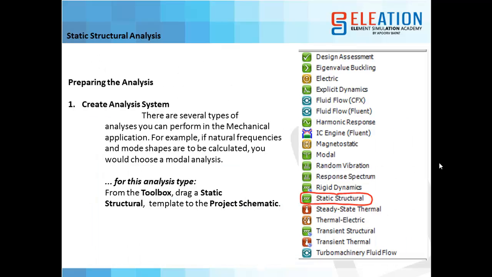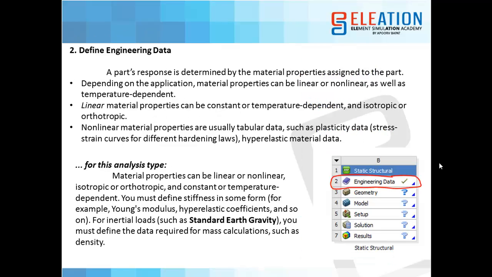So we will start with the procedure which you can follow to perform the static structural analysis using ANSYS Workbench 17.0. The first thing is we have to select a static structural load case in ANSYS Workbench 17.0. Then we define the engineering data, where we define the material and specify the different material properties like E, nu, rho.